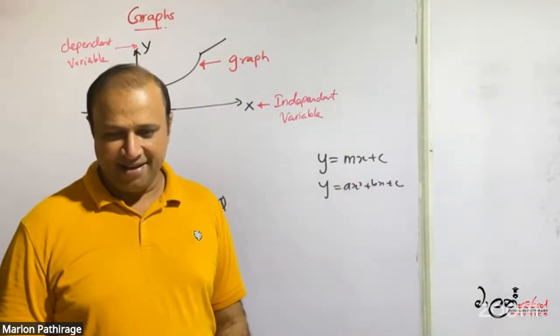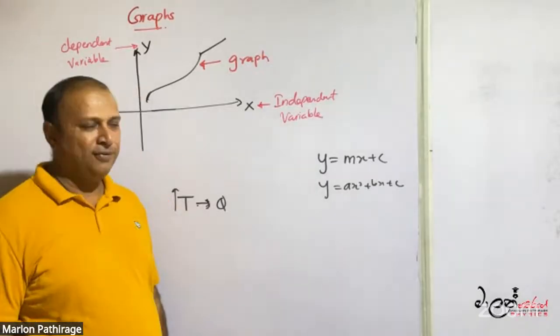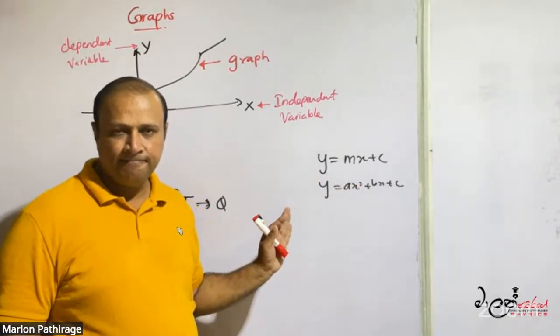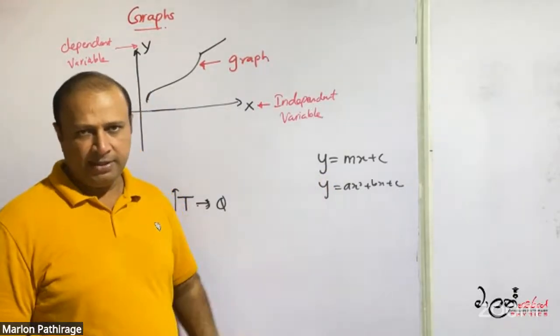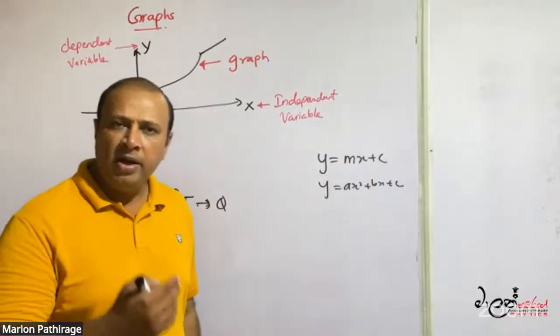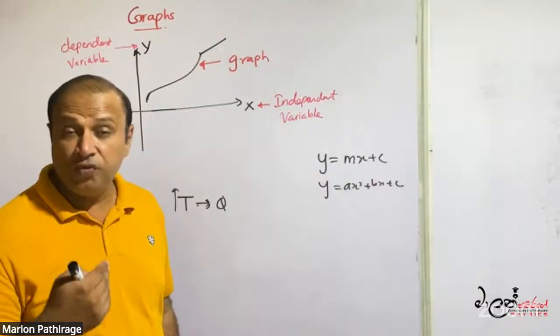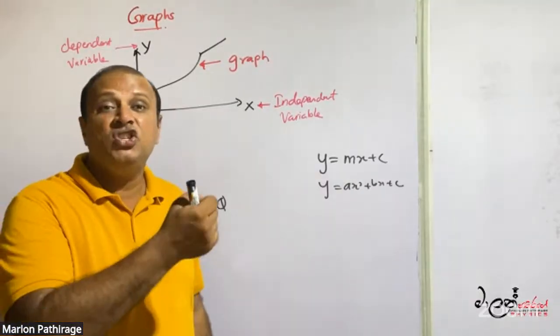And therefore, when we are building a relationship like this, there should be two variables. One out of those two variables can be changed.